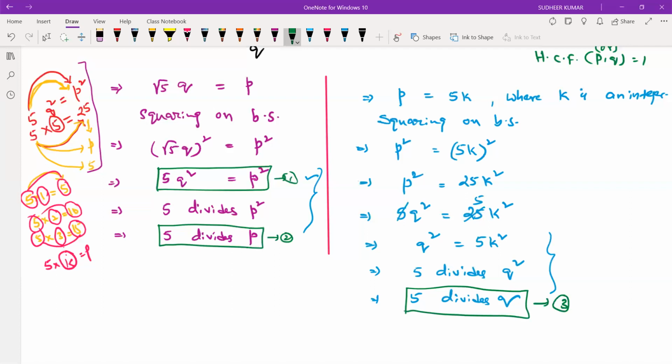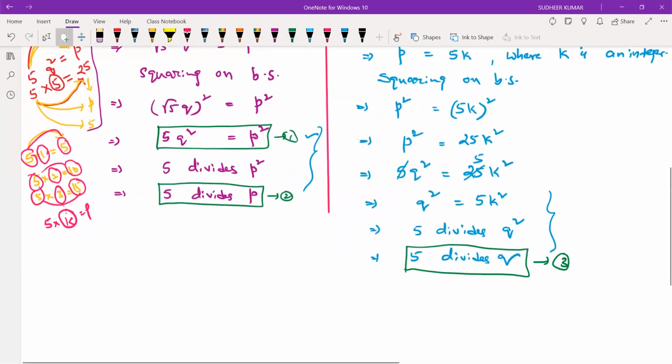What do you observe from equation 2 and 3? Here 5 divides P, here 5 divides Q. That means, what is the common factor of P and Q? 5.